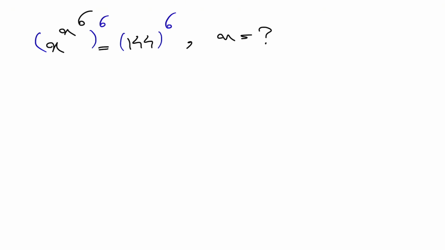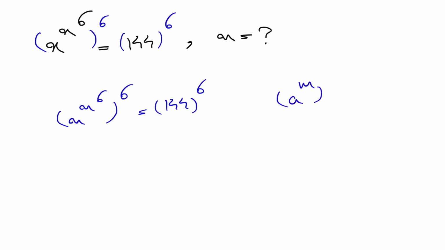So we'll have x to the 6 on one side, and on the other side we have 144 to the power of 6. We're going to go over the laws of the exponent.